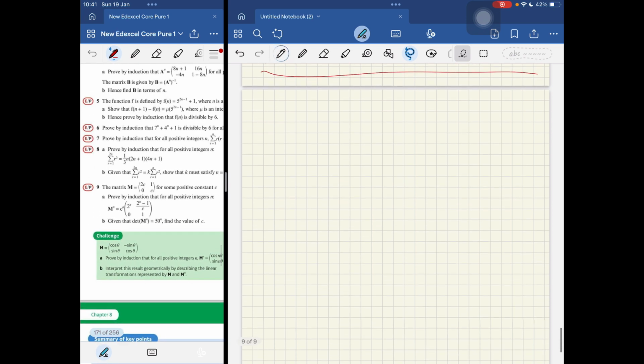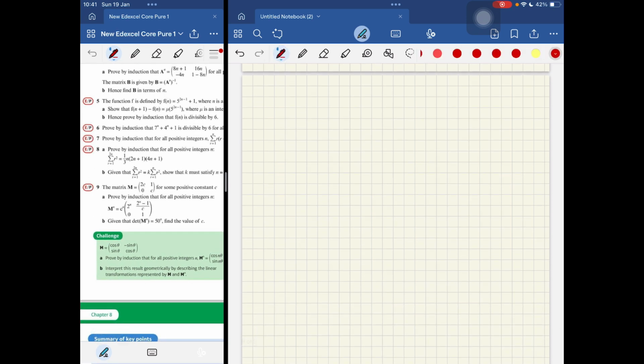Number 8. The proposition is the sum of r squared from r equals 1 to 2n equals 1 over 3 n(2n plus 1)(4n plus 1), for n in Z plus. So n equals 1: LHS, the sum from 1 to 2 of r squared is 1 squared plus 2 squared, which is 5.